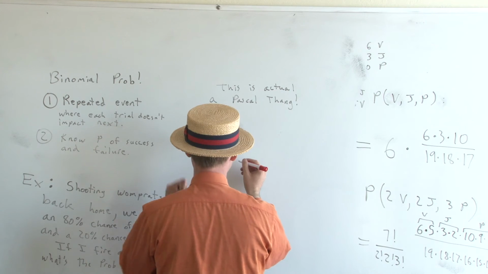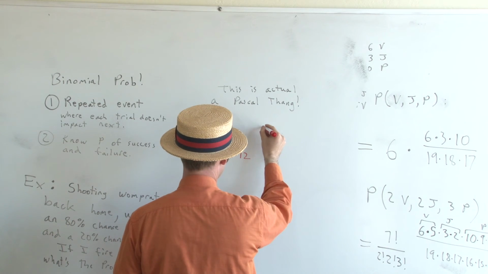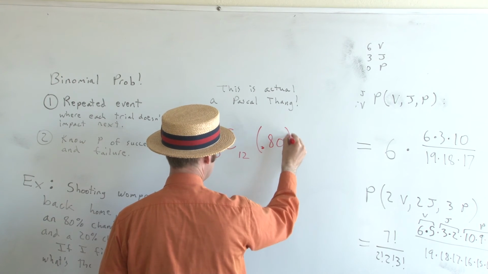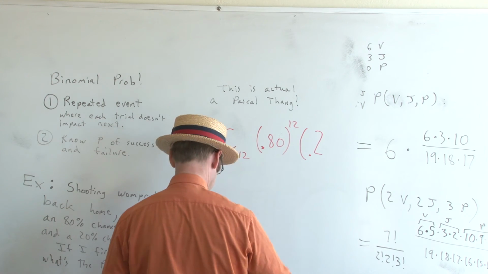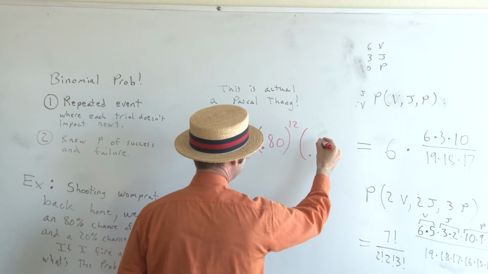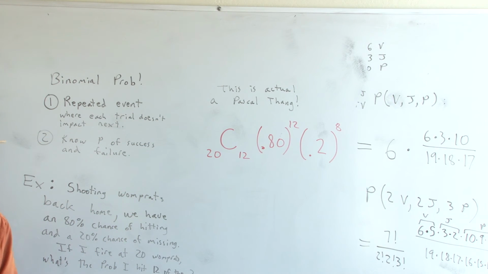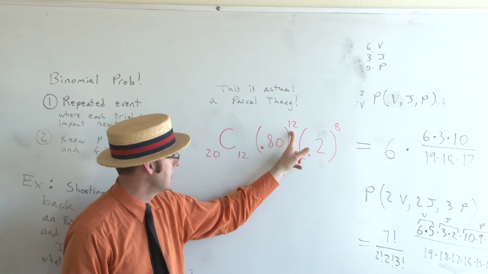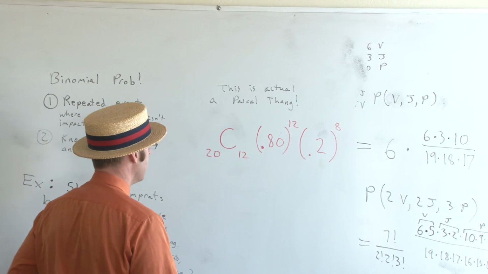So the probability of that happening is 20C12 times my probability of hitting, 0.8, to the number I want to hit, times my probability of failing, 0.2, to the number of times that I must have failed. Where's the 8 from? Well, if I hit 12 times, I must have missed 8 if I'm firing 20.